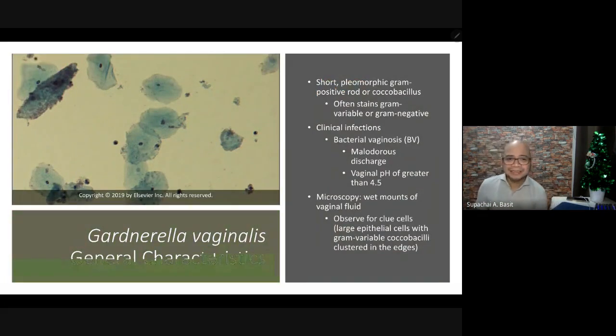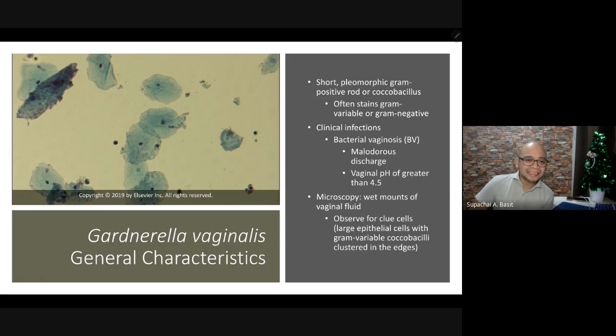Another bacteria that we will be discussing here is Gardnerella vaginalis. Gardnerella vaginalis is a short pleomorphic gram-positive rod, or sometimes cocobacilli, and sometimes they are actually gram-variable.